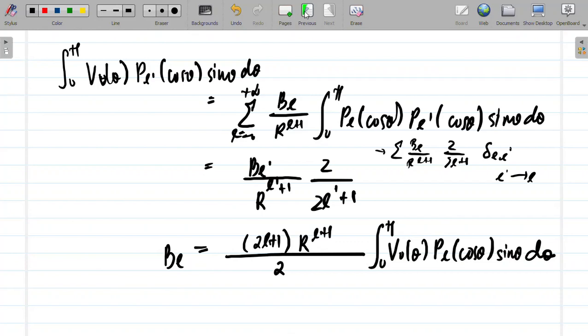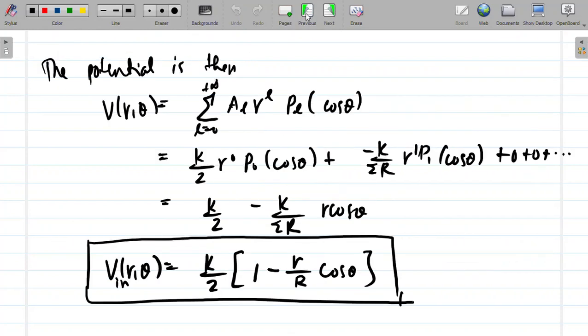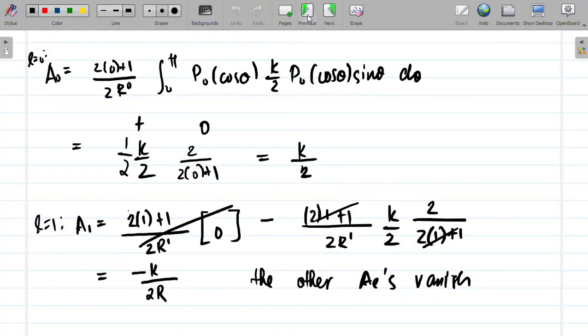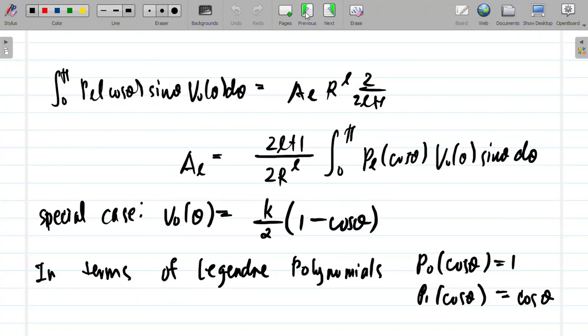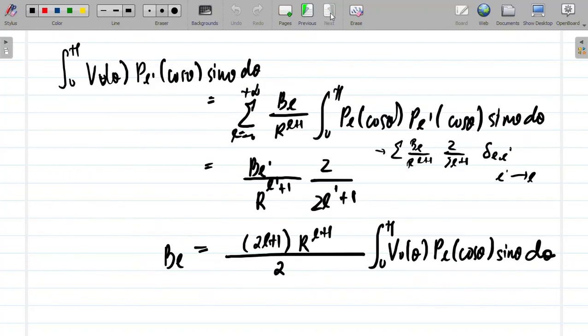Kung kanina, ano yung previous natin? Yung V0 natin ay k over 2, 1 minus cosine theta dito. So, suppose we have yung kanina, V0 of theta equals k over 2, 1 minus cosine theta.